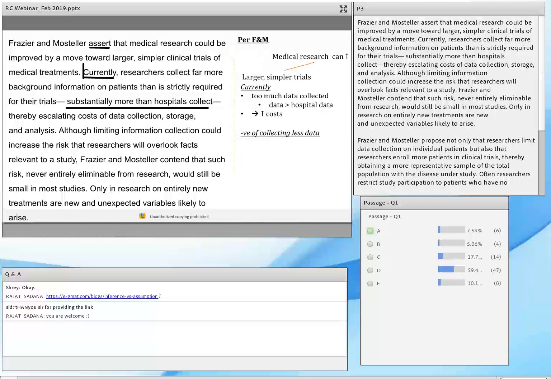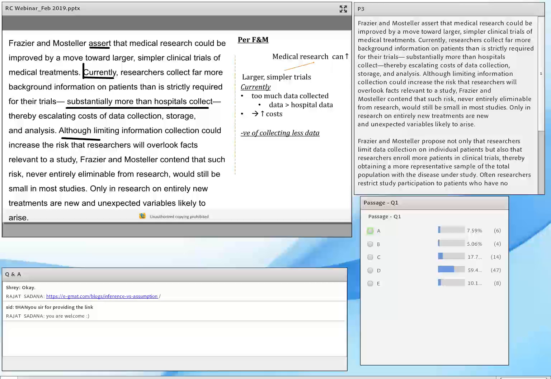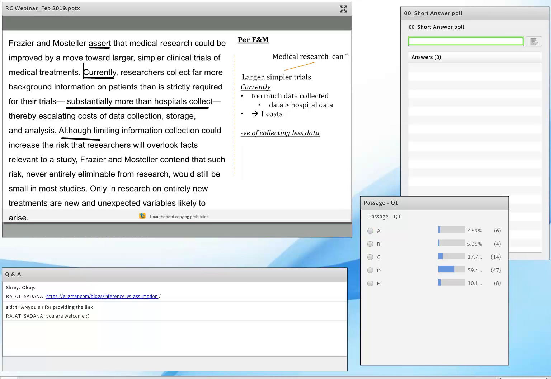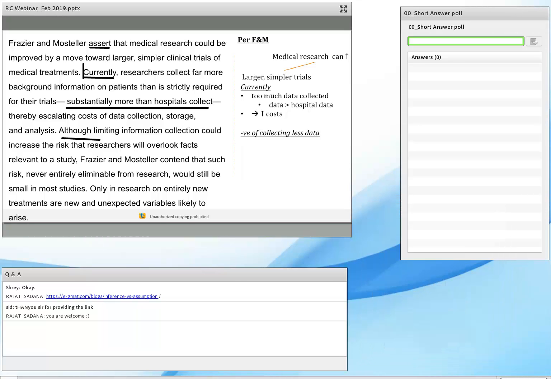What is although over here? Let me get my short answer pod. What does the word although indicate?